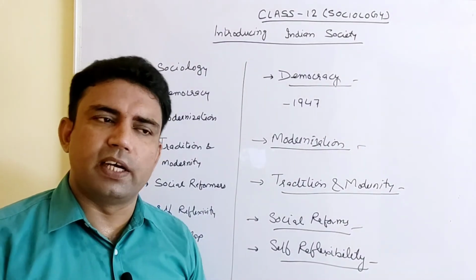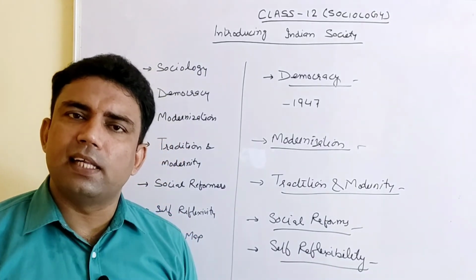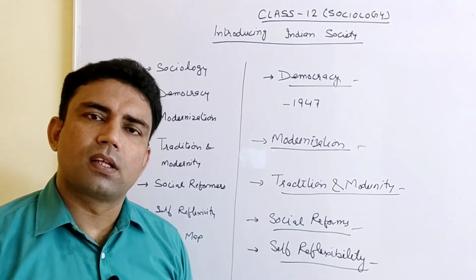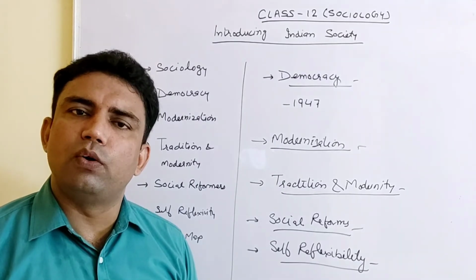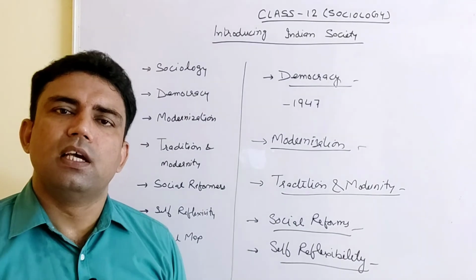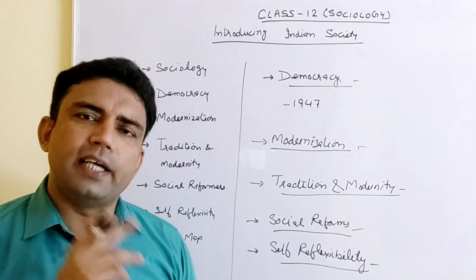For example, standing in front of the mirror, it tells us how we look to others. In the same way, in the matter of behavior, how are we looked at by others? That is called self-reflexibility. It is called introspection of ourselves from the eyes of society.